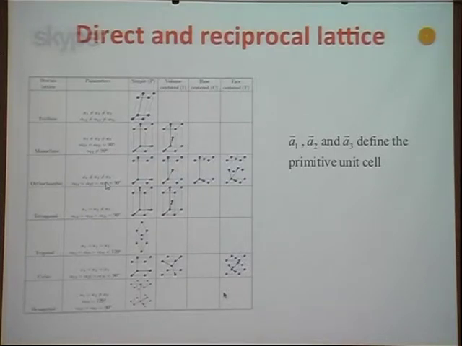You can use periodic boundary conditions also to study disordered systems, something like amorphous silicon or liquid water. They can be studied in periodic boundary conditions, provided you choose a sufficiently large unit cell.